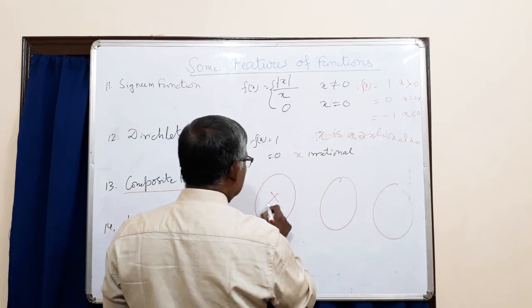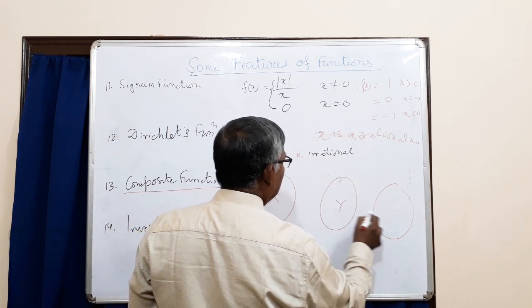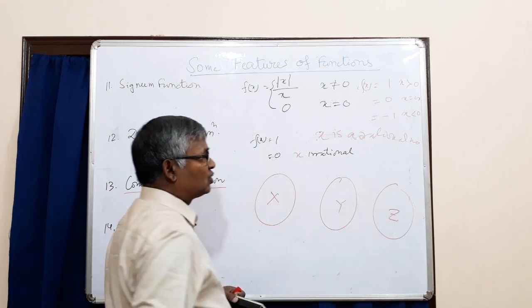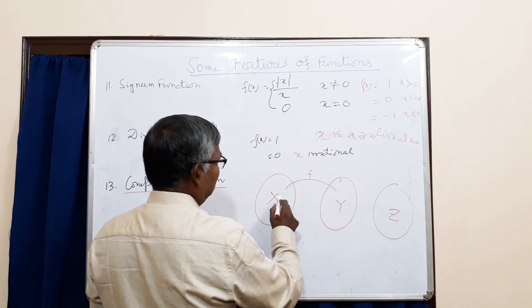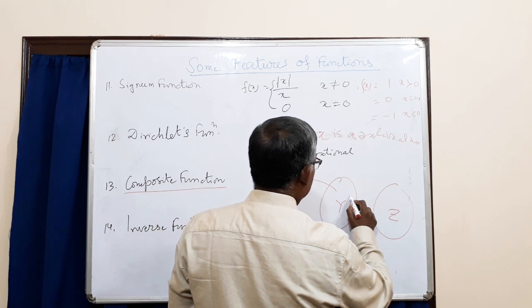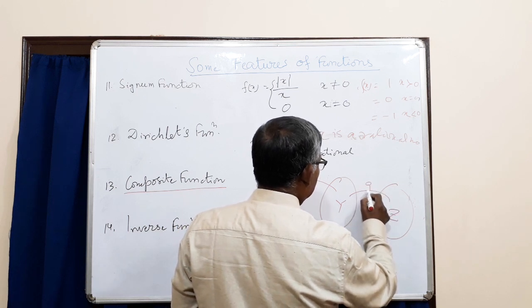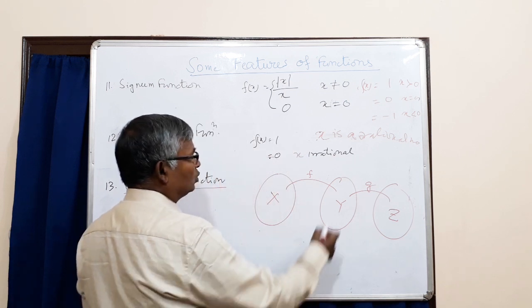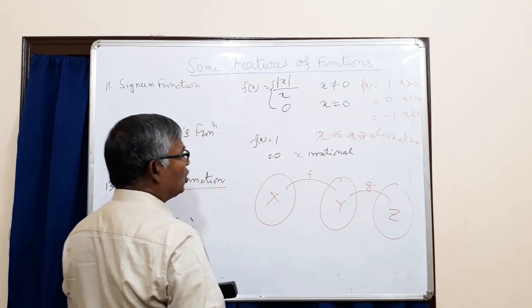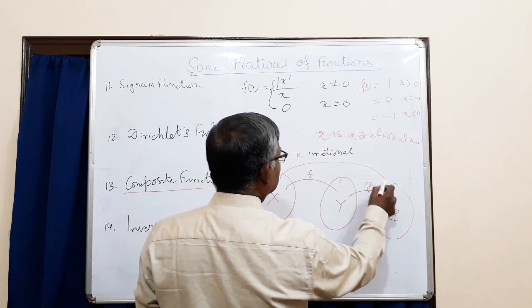Suppose x, y, z are three sets. Here f maps x to y, and g maps from y to z.